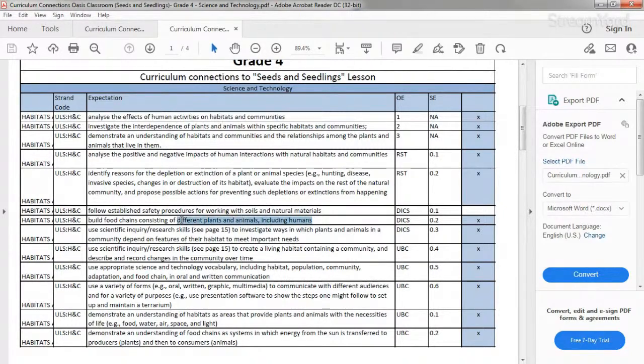And this curriculum expectation does not have a check mark in front of it because this is the seeds and seedlings lesson. It will have a check mark in front of it when we're talking about soil, because there's another lesson in our series of lessons that talks about soil. And so on and so forth.